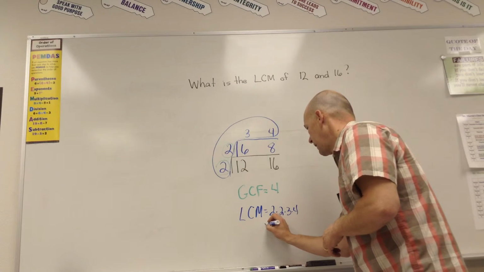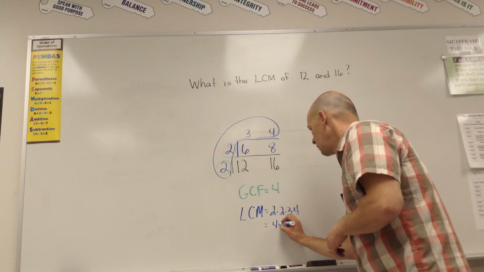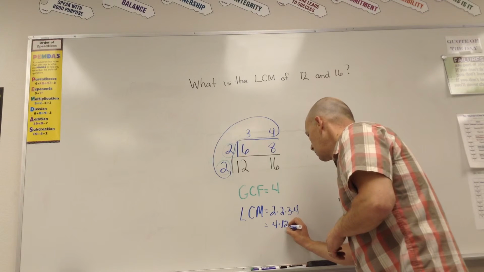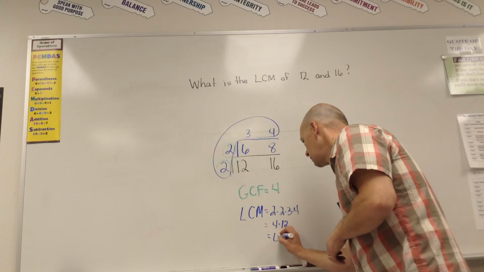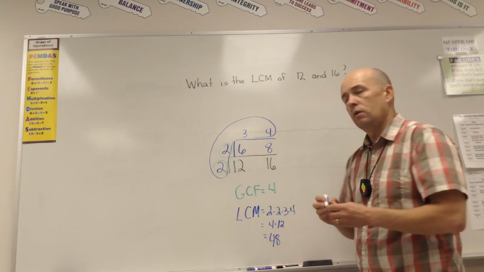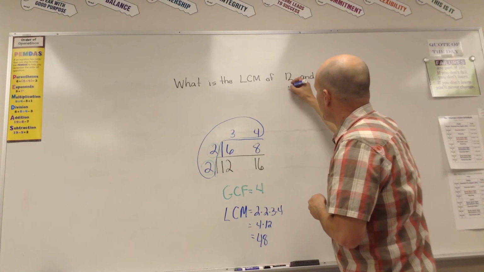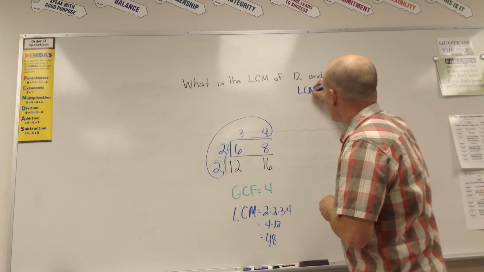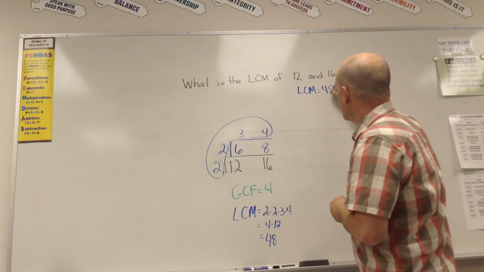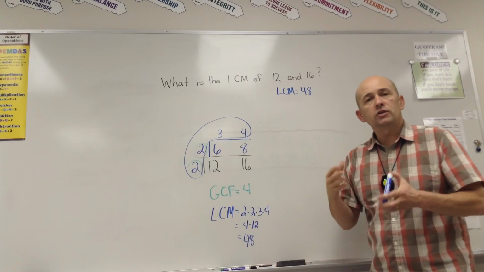Well, if I want to solve that, 2 times 2 is 4, 3 times 4 is 12, and 4 times 12 is 48. So, for the numbers 12 and 16, the LCM is 48. And that's how we use the cake method.